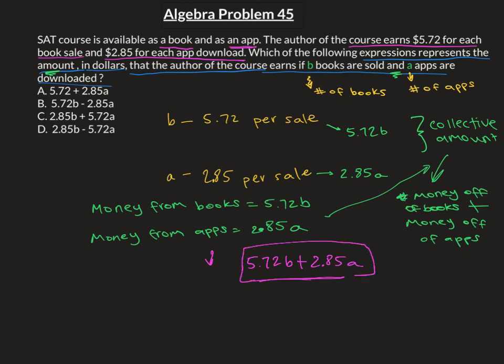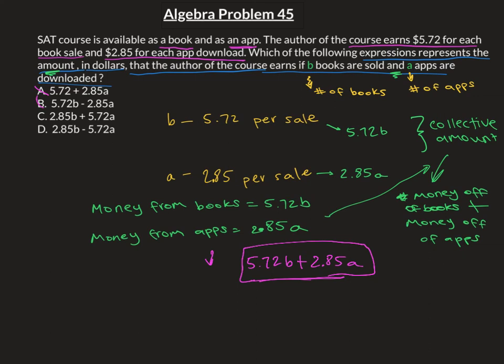Now, let's just match it to our given answer choices. You've got 5.72 plus 2.85A. That is wrong because we have 5.72B. Now, 5.72B minus 2.85A. That's wrong because we're dealing with adding.